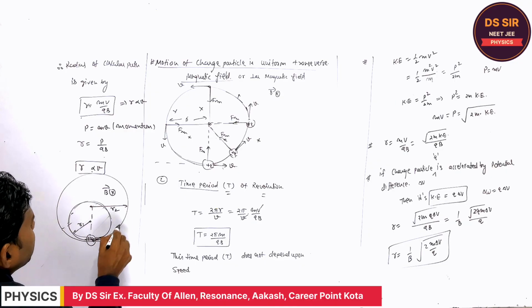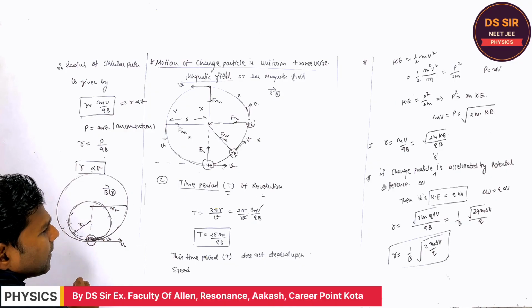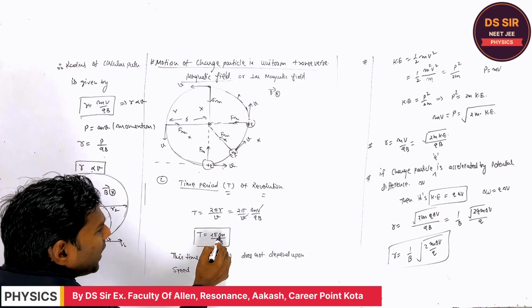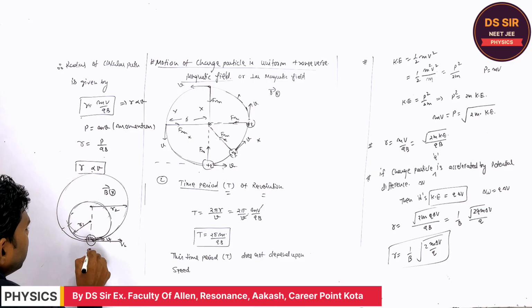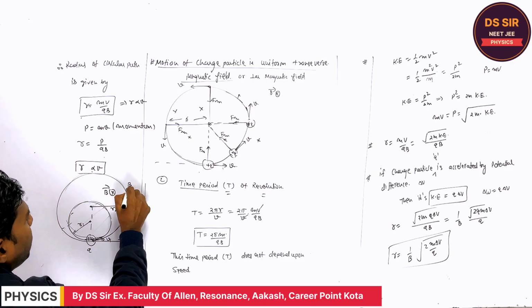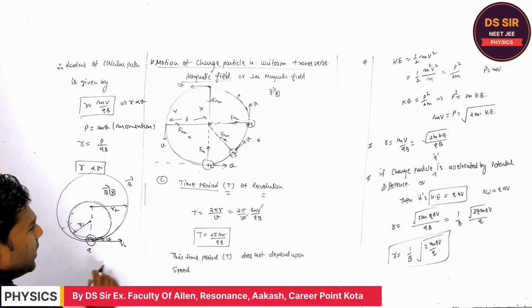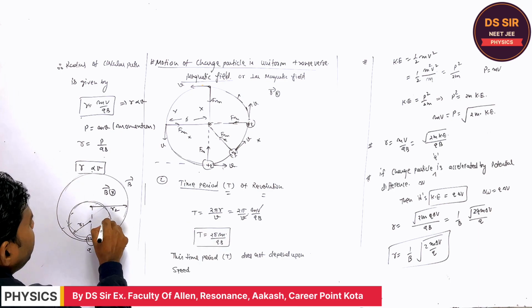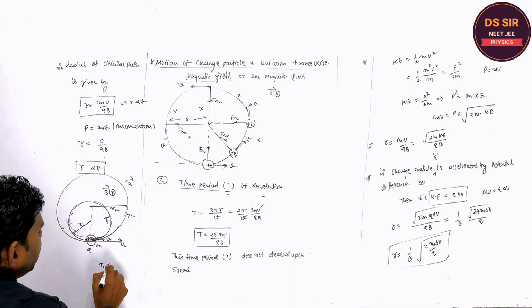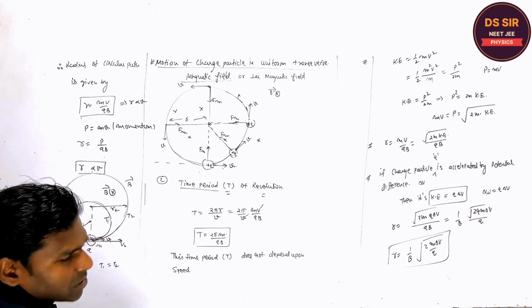If it is more, its radius will be more. But time period is 2 pi m by qB. The charge is q every time, the magnetic field is B every time, and the mass of the charged particle does not change. So if we take the time periods T1 and T2, they will be equal according to this relation.